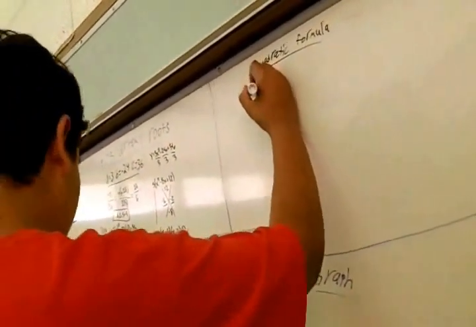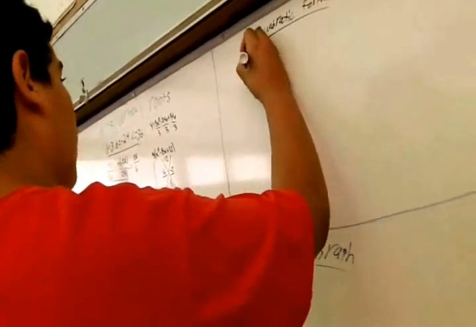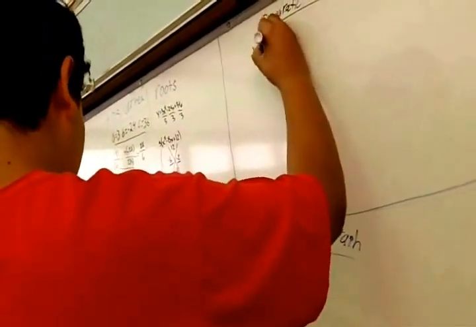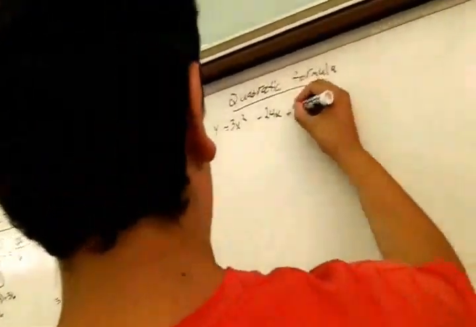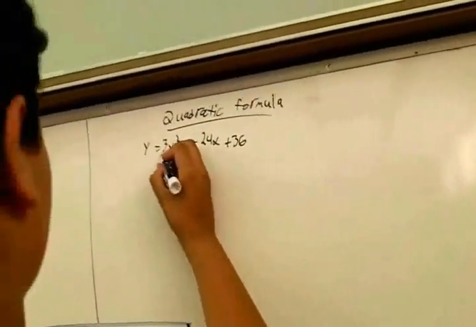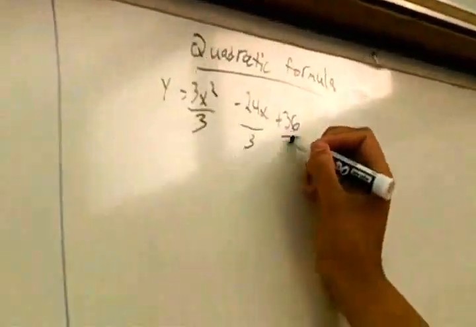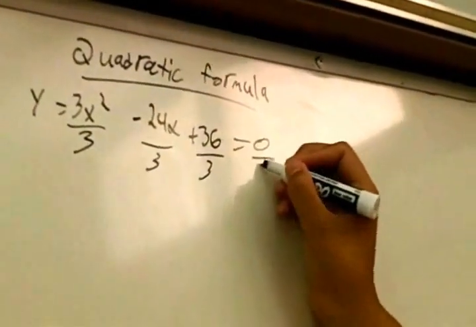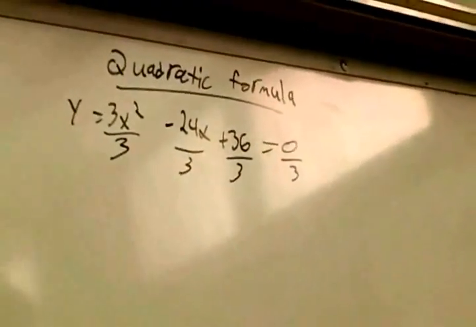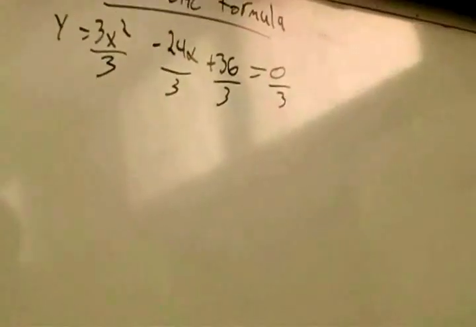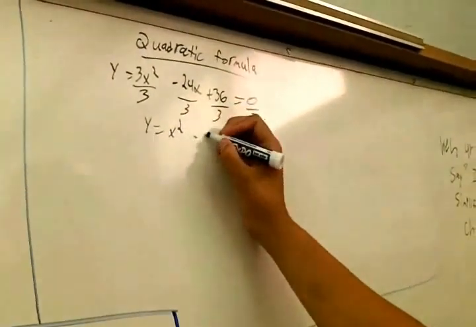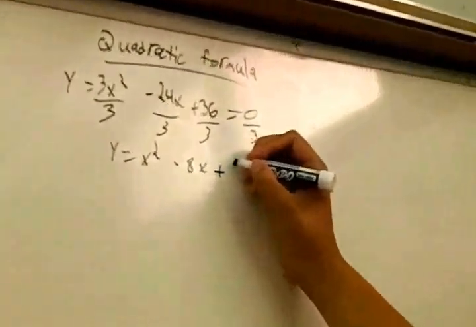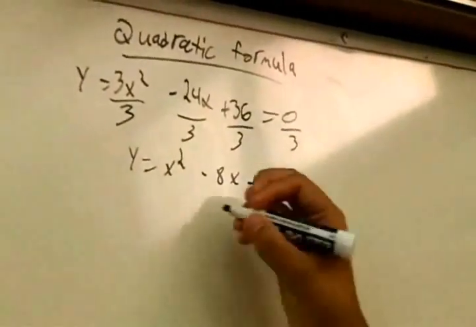Okay. So for the quadratic formula, y equals 3x squared minus 24x plus 36. This can be easily reduced by 3. Oh, I forgot the equals 0. So after that you get x squared minus 8x plus 12 equals 0.